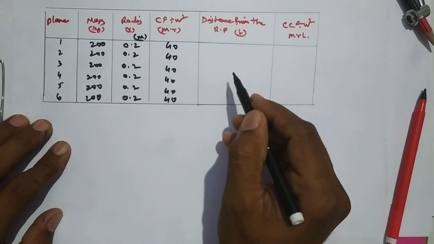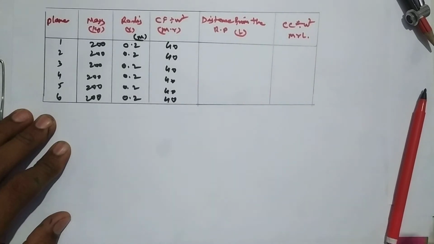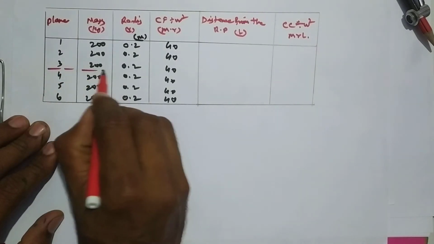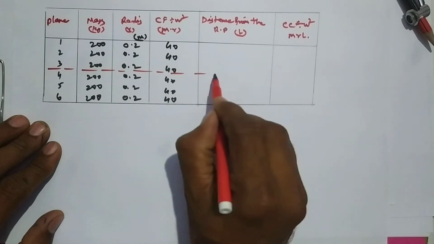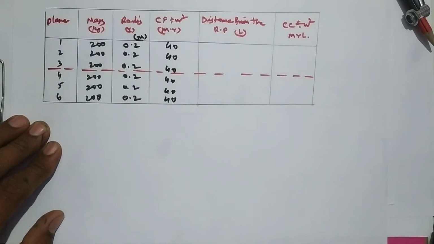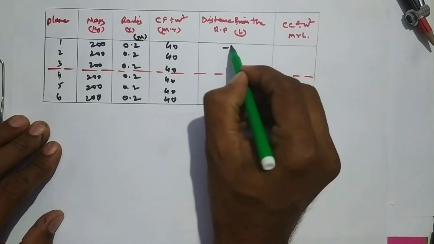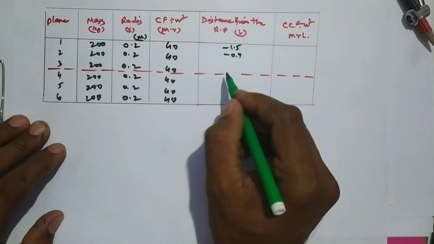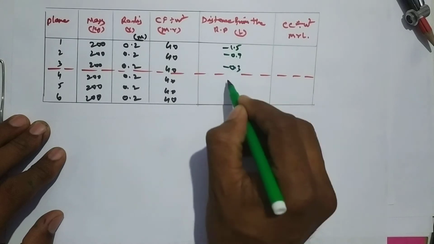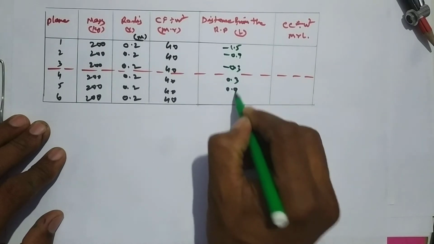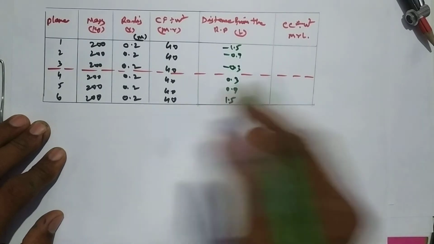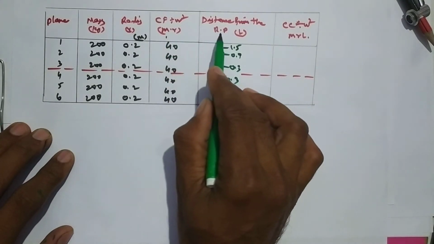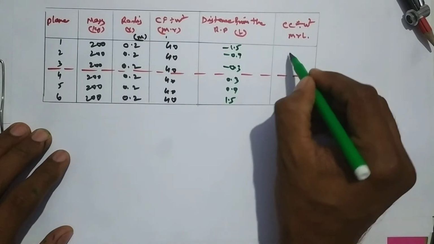So the distance from the reference plane as it is. Here the center is the reference plane, right. Now you fill it up. This is minus 1.5, minus 0.9, minus 0.3, 0.3, 0.9, 1.5. Then multiplying the centrifugal force with the distance, you are getting the centrifugal couple.